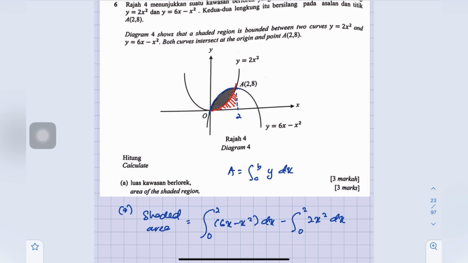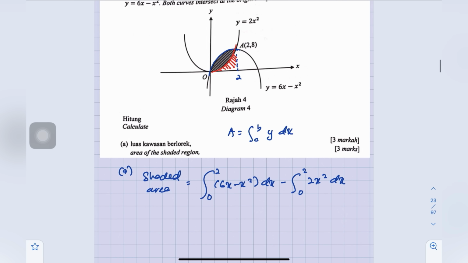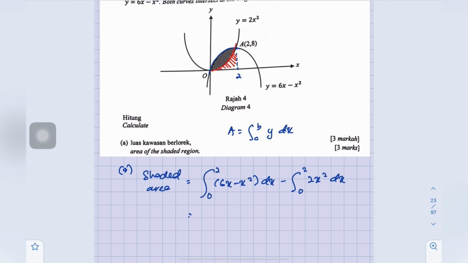Since the limits are the same, by using the laws of definite integrals we can combine them: 0 to 2 of 6x minus x squared minus 2x squared dx.